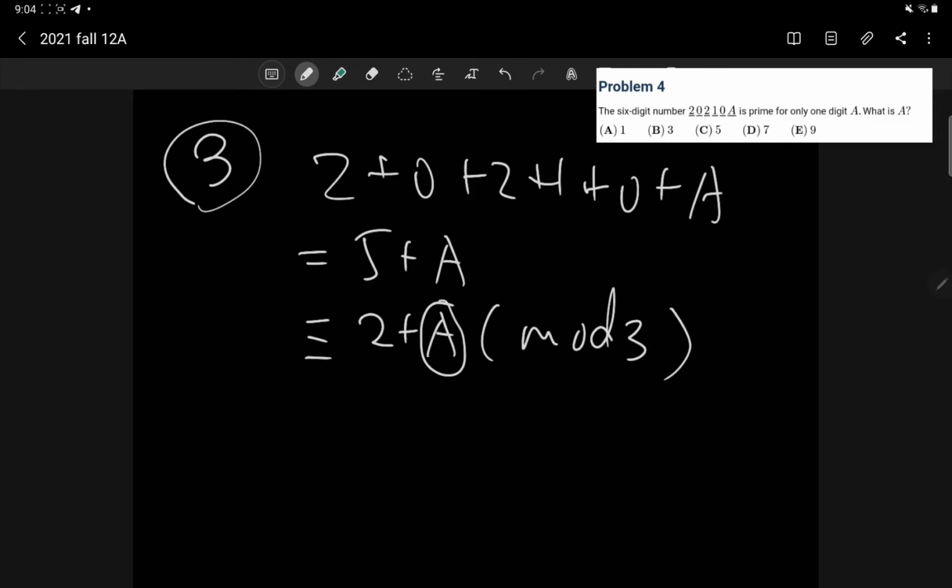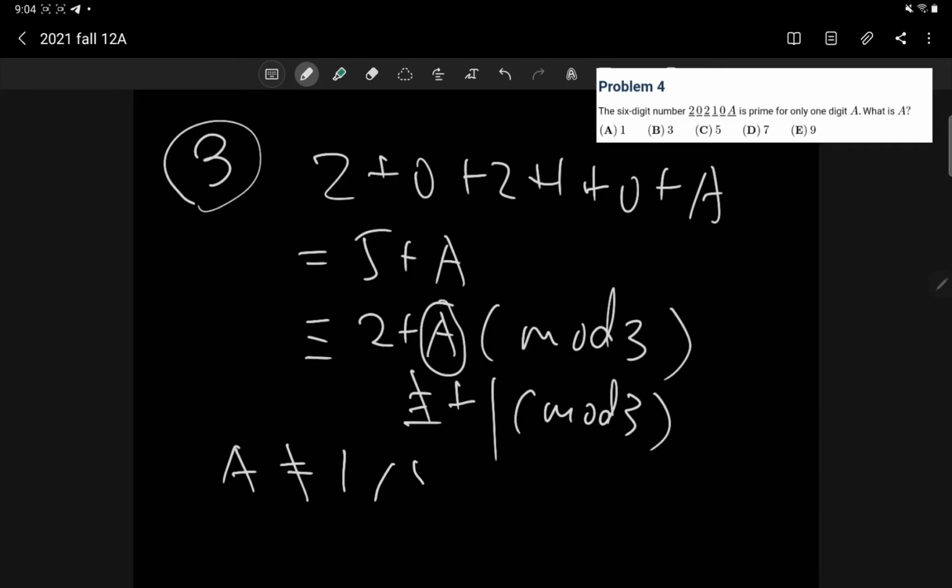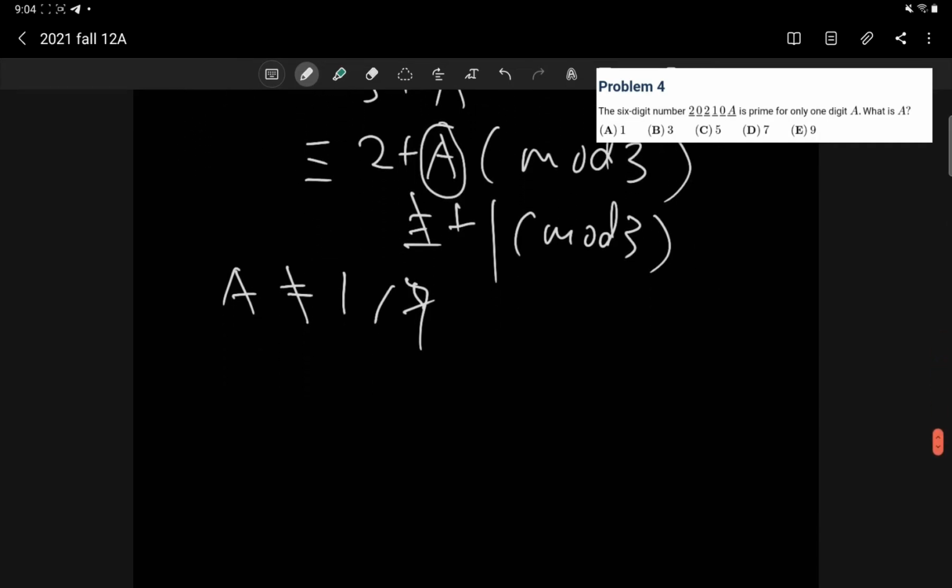So modulo 3, A cannot be 1, so A is not equal to 1 or 7, right?